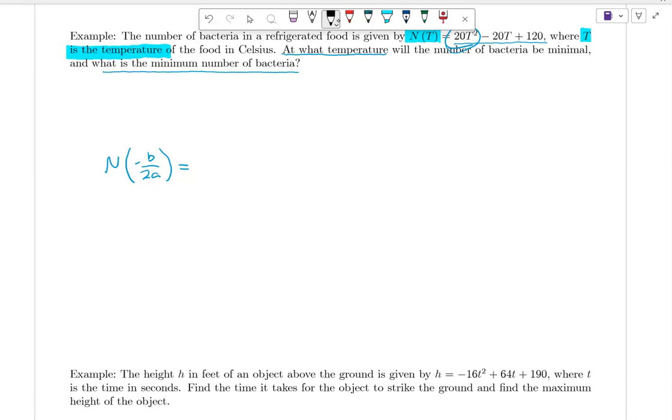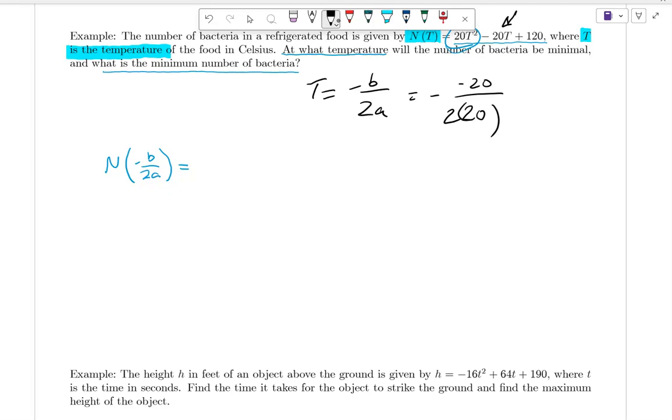So in this case, if we want to do the negative b over 2a, what's the b value? Negative 20, because it's the one that's on just the first degree term, the t to the first power. So we got negative of negative 20 on top. What's the a? 20.